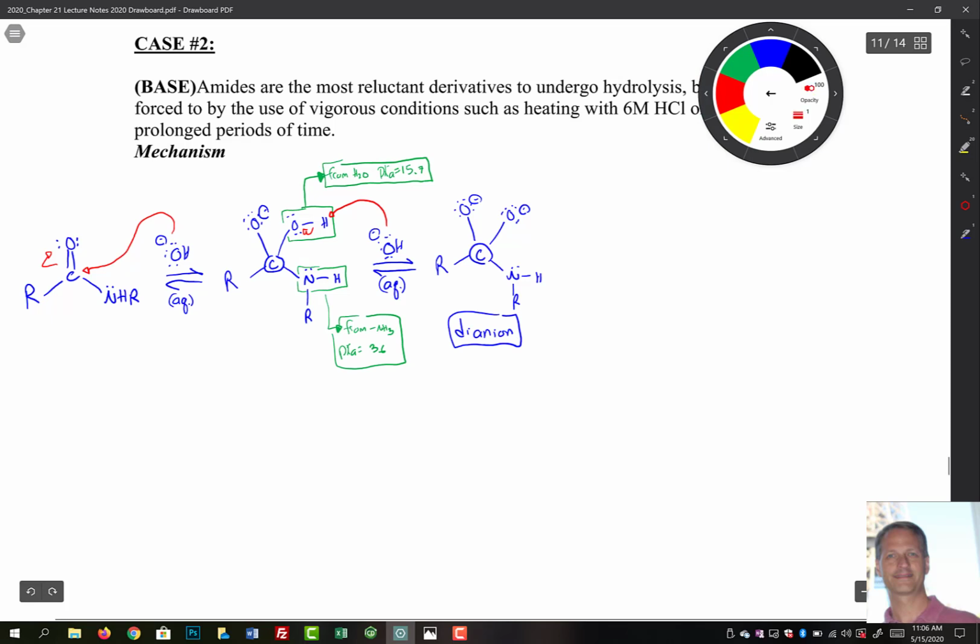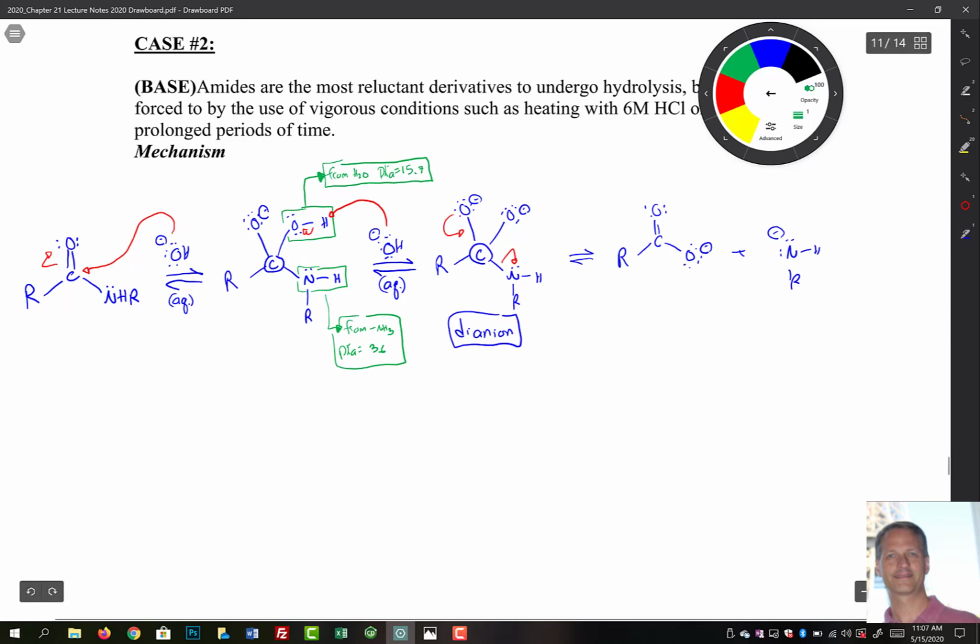And now what happens is these swing down to kick off our leaving group. Right, and then we're left with our carbonyl, a carboxylate, right, and our O minus, and then our NH minus.